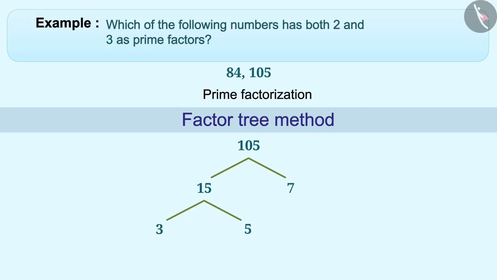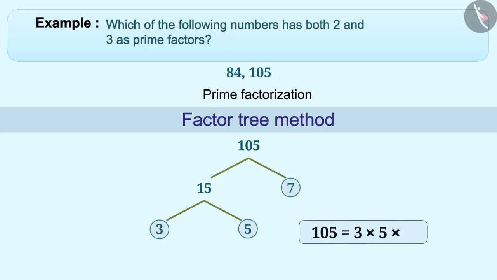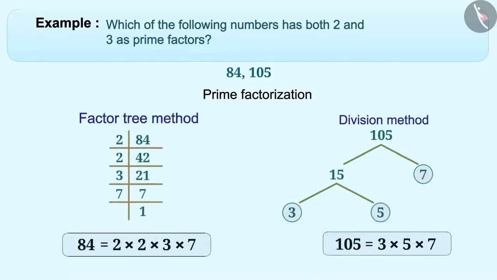Since there are prime numbers at the end of all branches, we can say that the factor tree of 105 is complete. Therefore, we can express 105 as 3 multiplied by 5 multiplied by 7. As you can see, both the numbers 2 and 3 are the prime factors of 84 only. So the answer of the given question is 84.